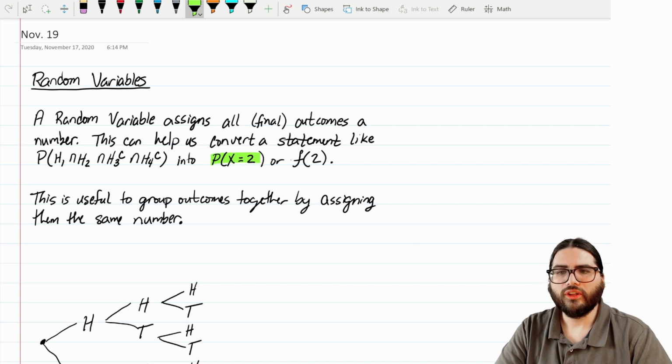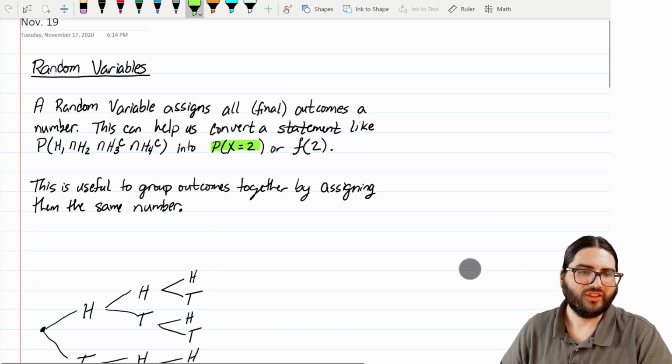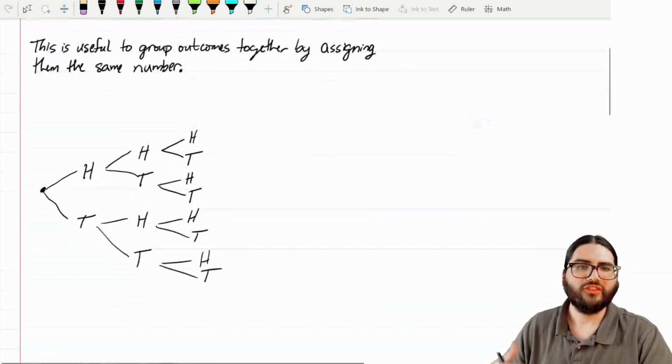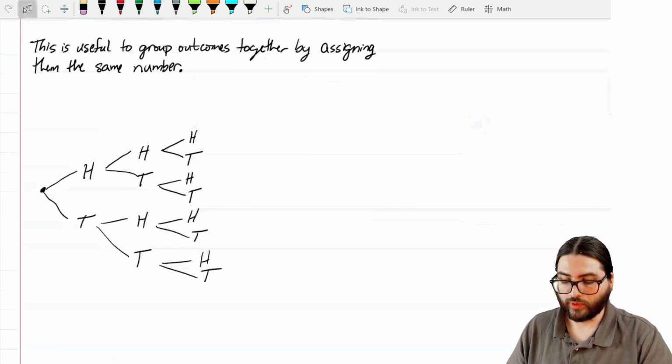But it's mainly about having these groups. If I assigned a different number to every single outcome, then a random variable is not really that useful, in the sense that it doesn't help me group these things together. I'll show you what I mean in this tree. This is the tree drawn out for the experiment where I flip 3 coins.